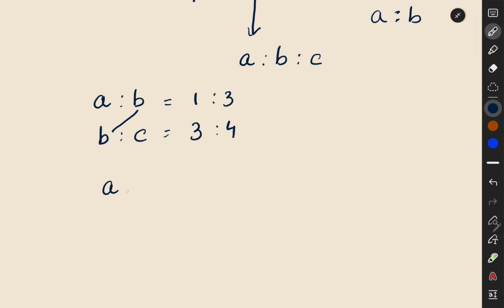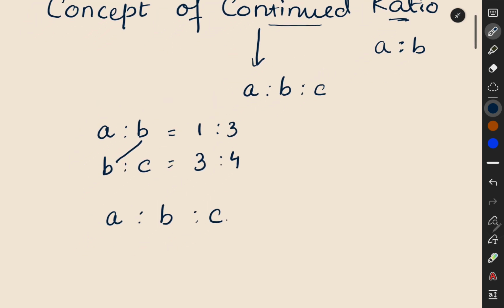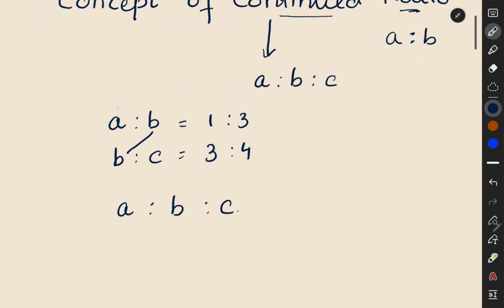We write here A is to B is to C. Here the value of this ratio A has 1, whereas B has 3. This B has value 3, whereas this 3 has value 4.